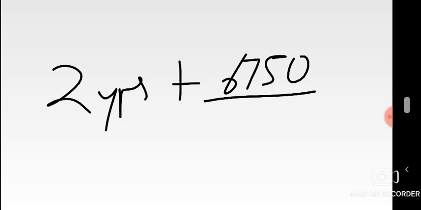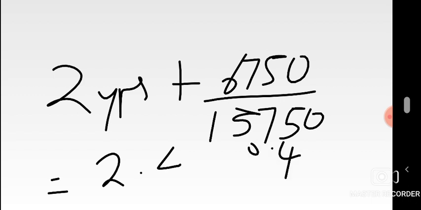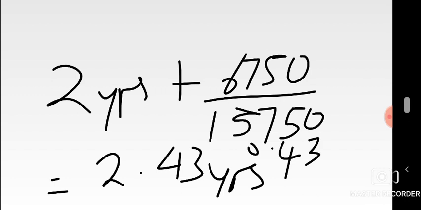That's why we said take it as a fraction of the figure that we got it from, which was the next cash flow of 15. Therefore you would find that you get 2 point, here to give you 0.43 rounded off. Therefore it gives you this answer as the payback, 2.43 years.